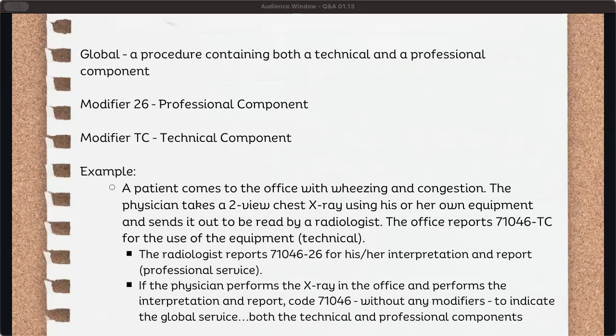It's going to be basically any overhead for performing that service. Okay. So again, your professional component is going to be the professional opinion or the medical opinion of the provider. Your technical component is going to be the technical things that kind of surround the instance for giving that service.